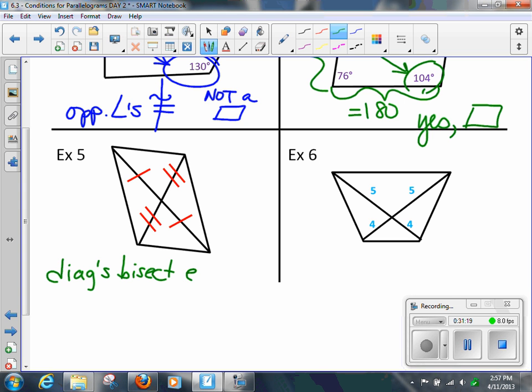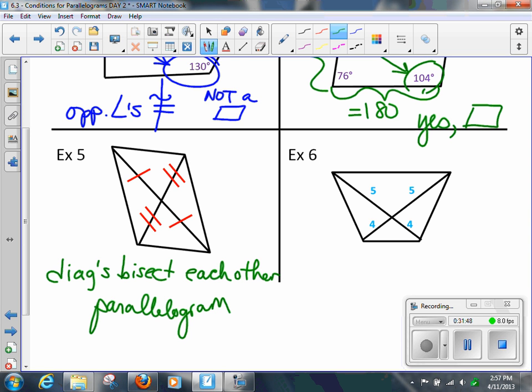Is that a parallelogram or not? Yes. What's that fifth property of a parallelogram? Diagonals bisect each other. So it is a parallelogram. Close is only good in what? Horseshoes and hand grenades. What about number 6?